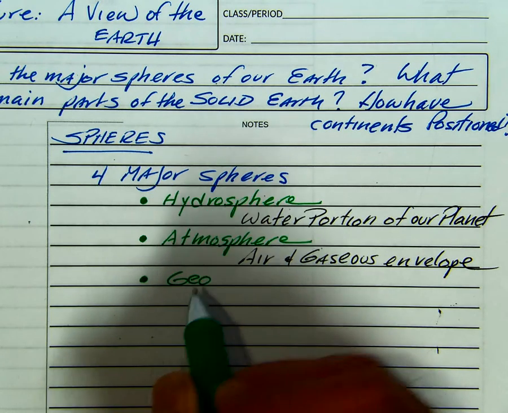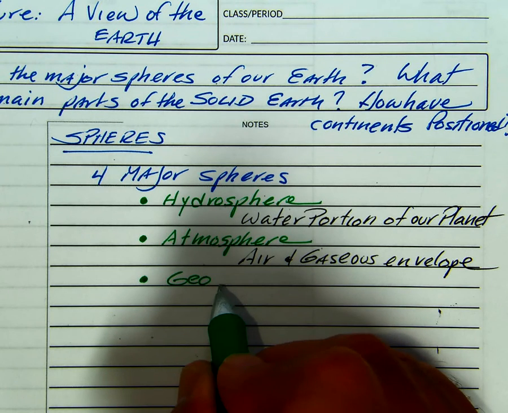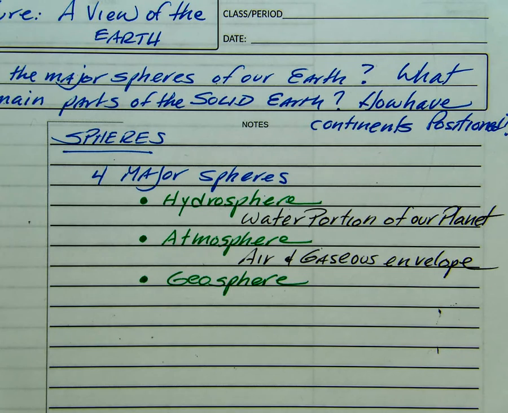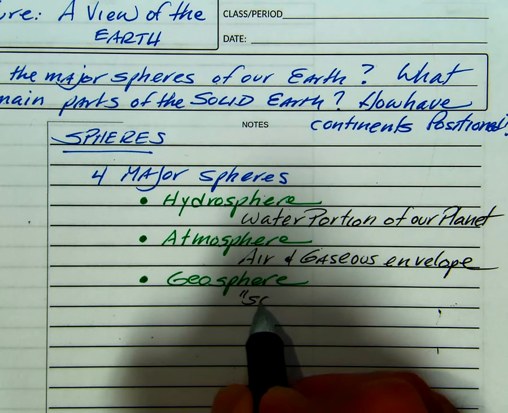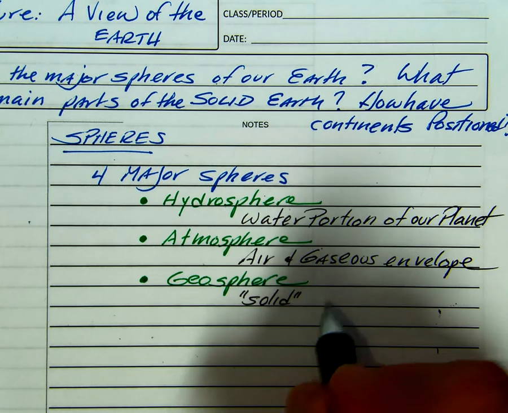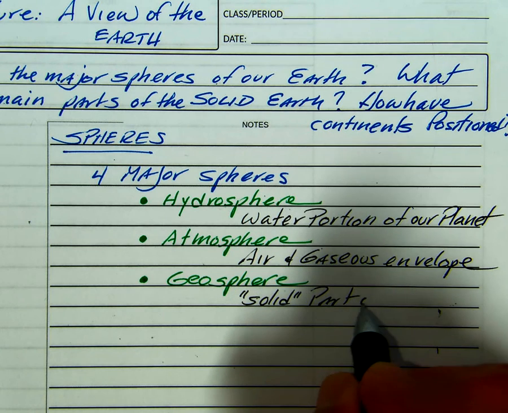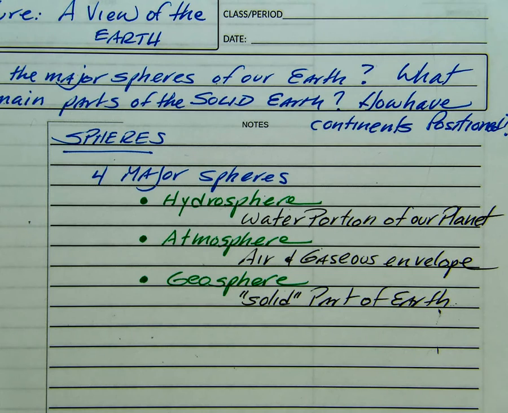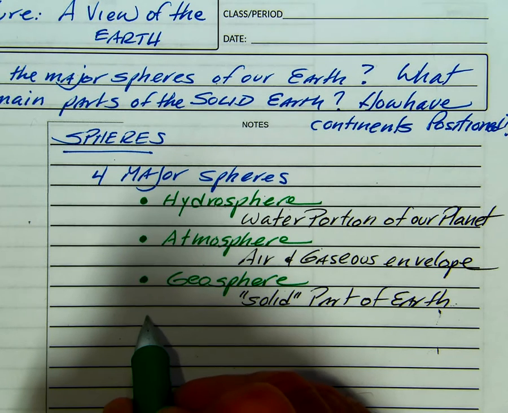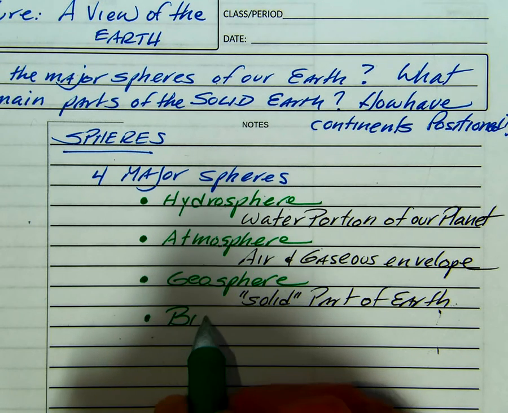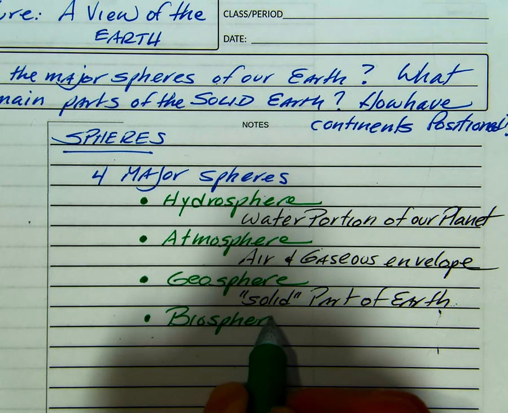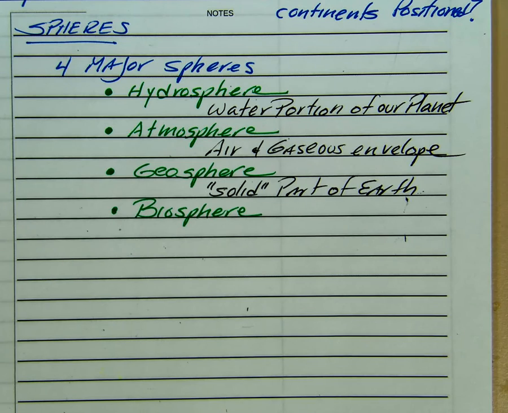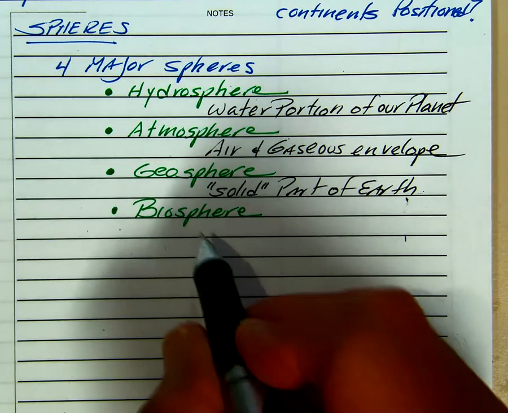Geo means land or rock. The geosphere is the, in quotes, solid part of Earth. And then finally, all living things, which is the biosphere. In the biosphere is all life on Earth.